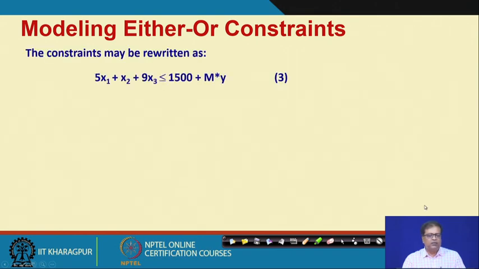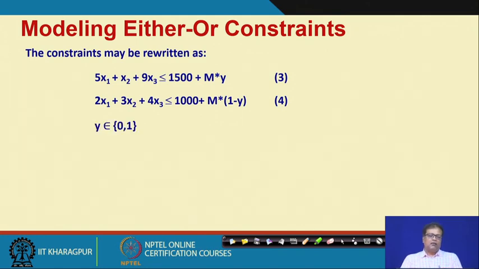The constraints may be written as 5x1 + x2 + 9x3 ≤ 1500 + My, and 2x1 + 3x2 + 4x3 ≤ 1000 + M(1 − y), and as you have guessed, y is a binary variable. So, that is the way we should model either-or constraints.